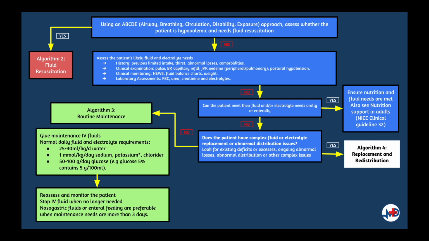If the patient requires 25 to 30 ml per kilogram per day of water, for a patient who is about 50 kilograms, they would probably need 1.5 liters of normal saline a day. There should also be a requirement of 1 millimole per kilogram per day of sodium and potassium, and think about the glucose needs. Reassess and monitor the patient regularly.